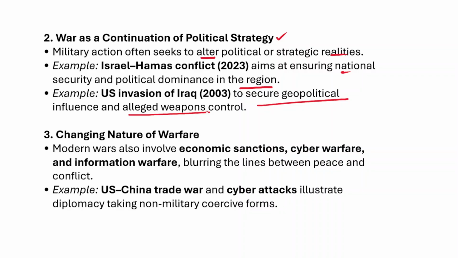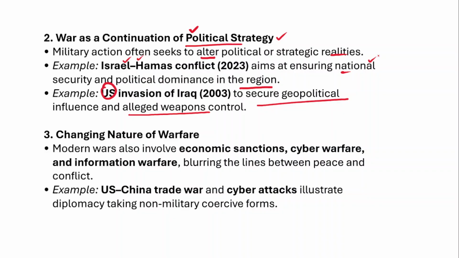So war is a continuation of the political strategy of countries. The US invasion of Iraq is a continuation of US political strategy, and the Israel-Hamas conflict is also a continuation of the political strategy of the respective factions, so that they will have political dominance over the region and an edge over national security. So still, war has been used as a political tool to achieve objectives.